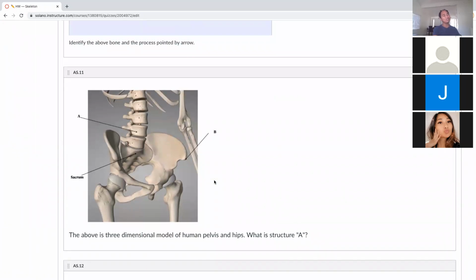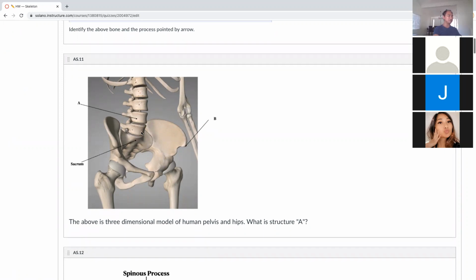How many lumbar vertebrae do we have? 5. And if I mention this is the sacrum, this is lumbar 5, lumbar 4. So this is the L4, lumbar 4 vertebra.